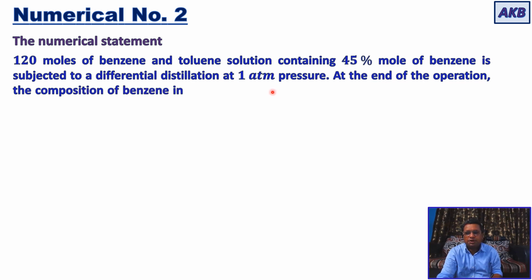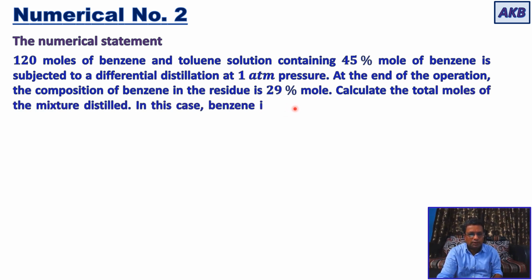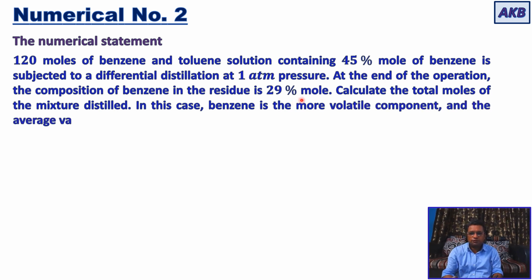At the end of the operation, the composition of benzene in the residue is 29 mole percent or 29% mole. Calculate the total moles of the mixture distilled, and in this case benzene is the more volatile component and average value of the relative volatility is 2.16.